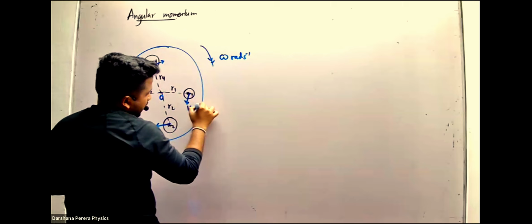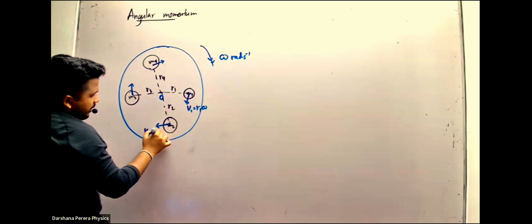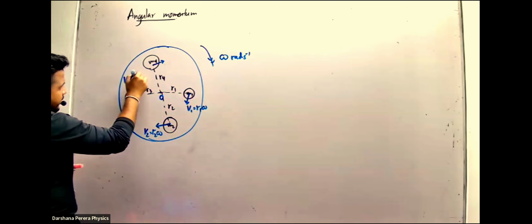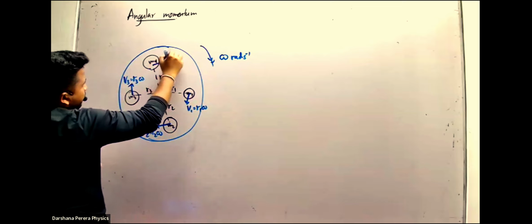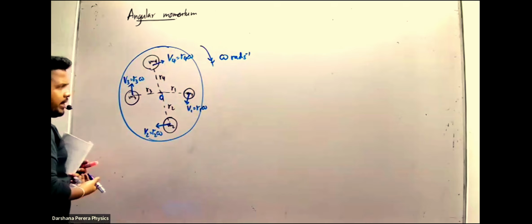V1 equals R1 omega, V2 equals R2 omega, V3 equals R3 omega, V4 equals R4 omega. Like that, we can take the tangential values.